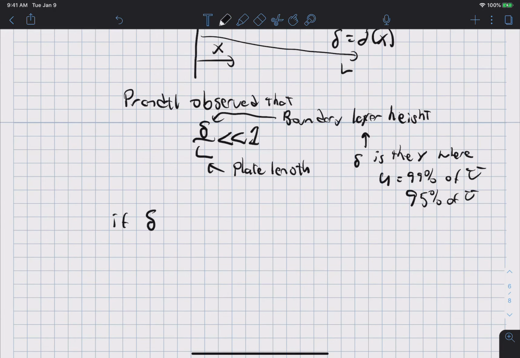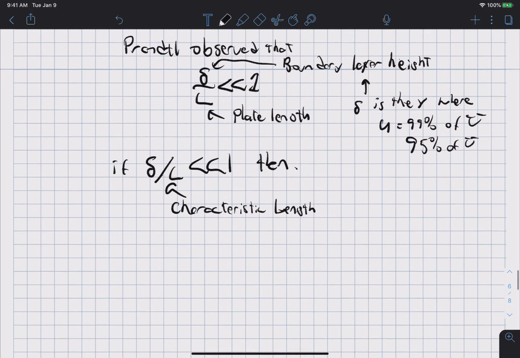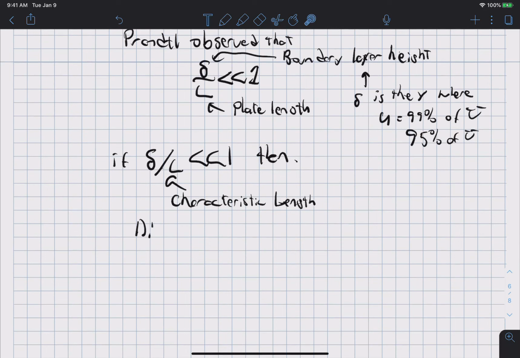So if delta over some characteristic length is very small, then in a graduate level class, you can work with the Navier-Stokes equations and non-dimensionalize them and apply this assumption, and just working through the mathematical consequences of that assumption to the end, you can actually derive the full boundary layer equations with this one assumption, that the region where viscosity is important is very, very thin, very thin with respect to the x distance.